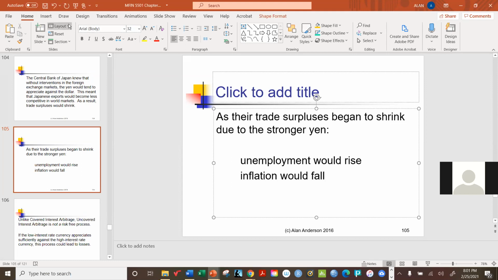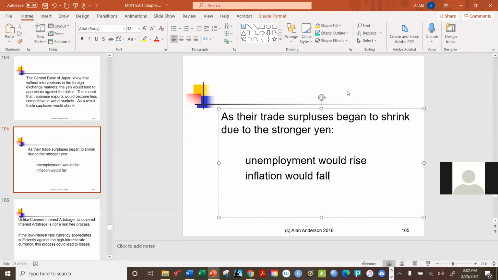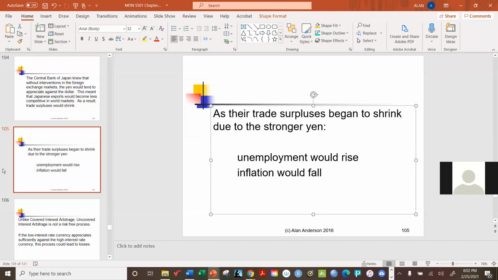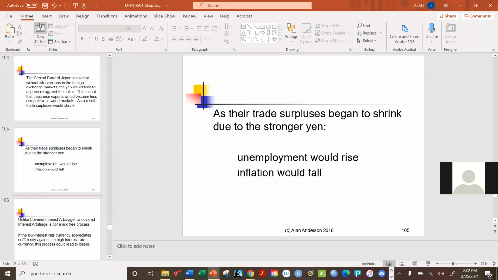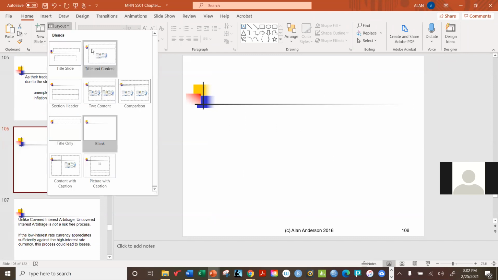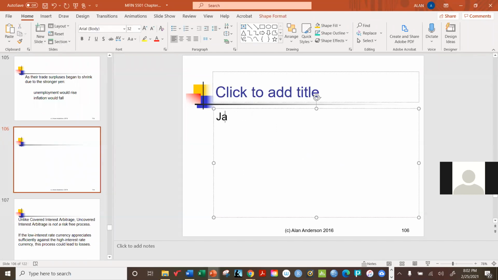Now, you might say to yourself, well, that's the trade-off you'd expect. But here was the thing, though. Japanese inflation was and still was already close to zero.